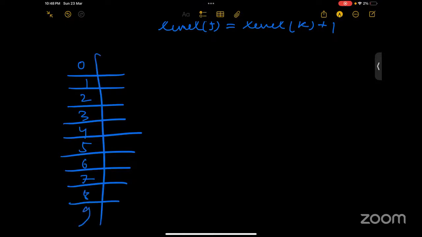Can you just wait for 2 minutes? I have to put the charger on my iPad. Just wait for 2 minutes.